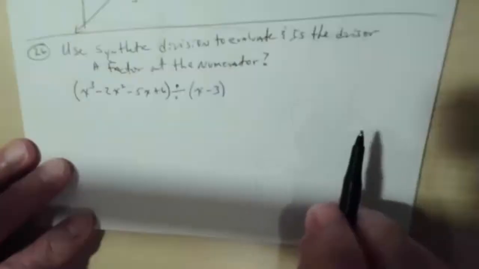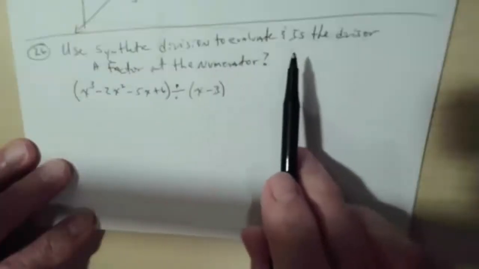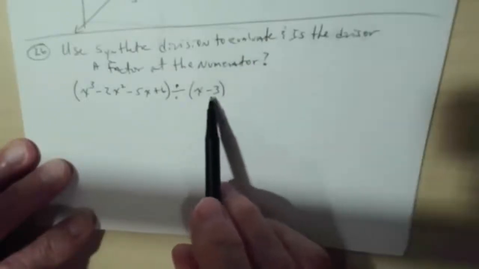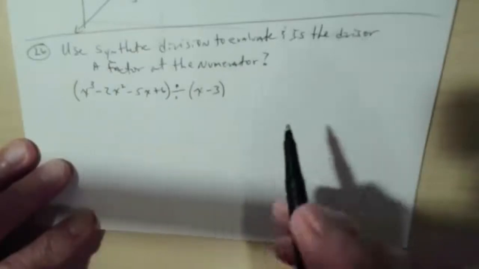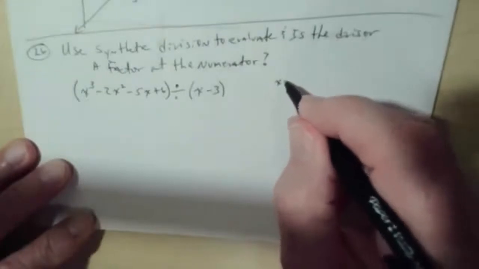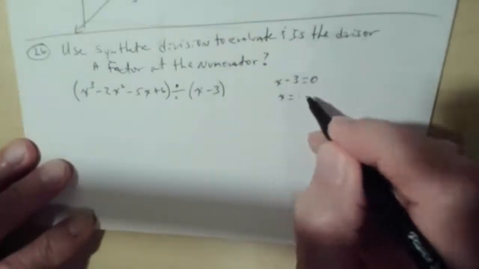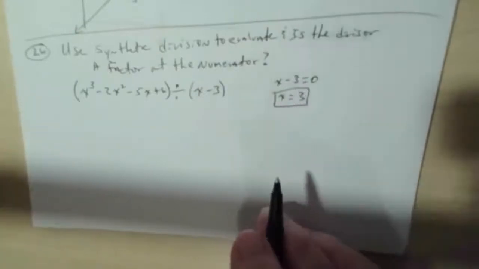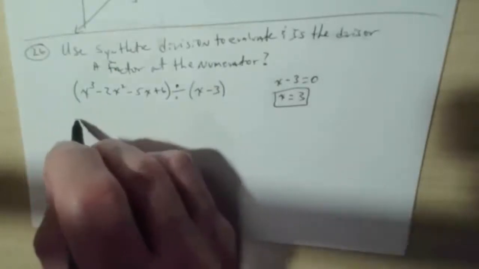Okay, now number 26 is use synthetic division to evaluate. Is the divisor, in other words, this number, a factor of the numerator? This will be the numerator here. So the first thing we do is we set x minus 3 equal to 0. So x is going to be 3. So we do this, 3.